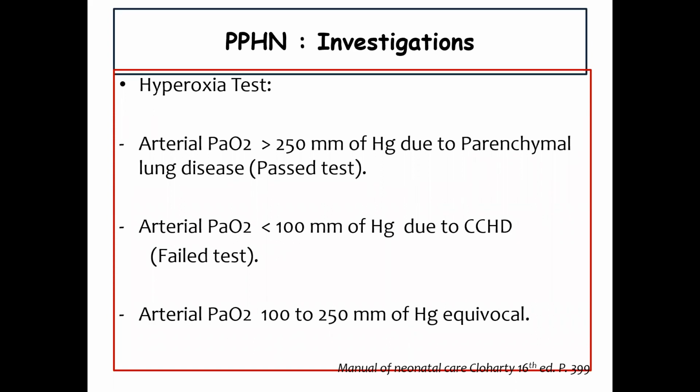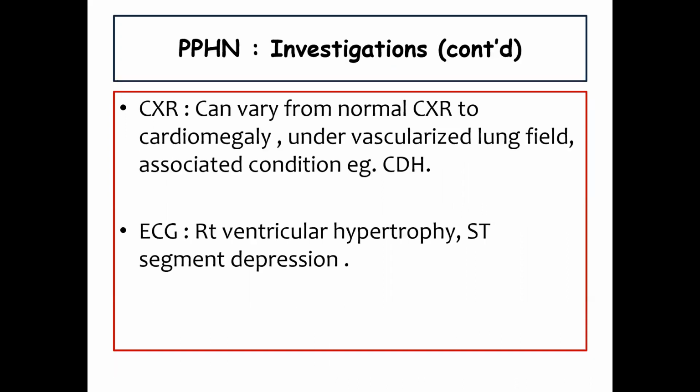If the arterial PaO2 post-hyperoxia still remains less than 100 millimeters of mercury, then this is strongly suggestive of a cyanotic congenital heart disease, which could either be transposition physiology or TOF physiology, tetralogy physiology. So either there could be increased pulmonary blood flow or decreased pulmonary blood flow. Now, if the arterial PaO2 is equivocal, which is 100 to 250 millimeters of mercury post-hyperoxia test, then we may be either dealing with an admixture lesion, or sometimes you may also see this in cases of persistent pulmonary hypertension of newborn.